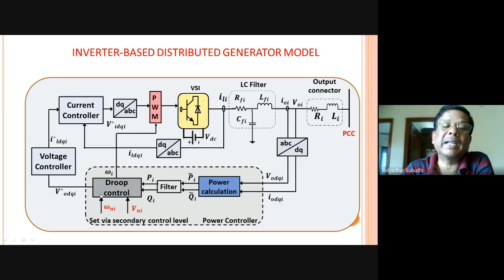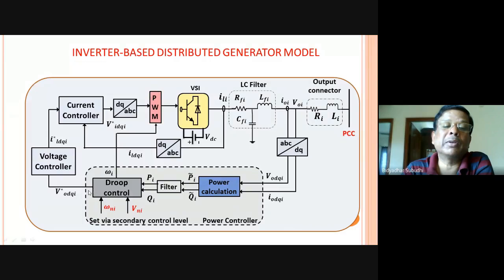As I mentioned earlier, our job is to employ secondary voltage control, where we want to design a droop control such that the frequency of the ith DG will be regulated at omega n, the nominal frequency, and similarly the voltage will be maintained at its nominal value.